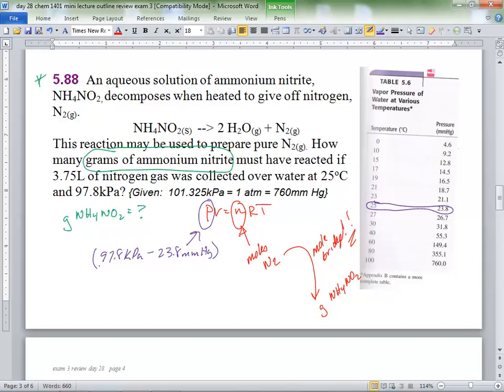How do you know how to convert the kPa? Right here, given. Oh, okay, so 97.8 divided by 101.325. It'll be in ATMs. I just don't understand.